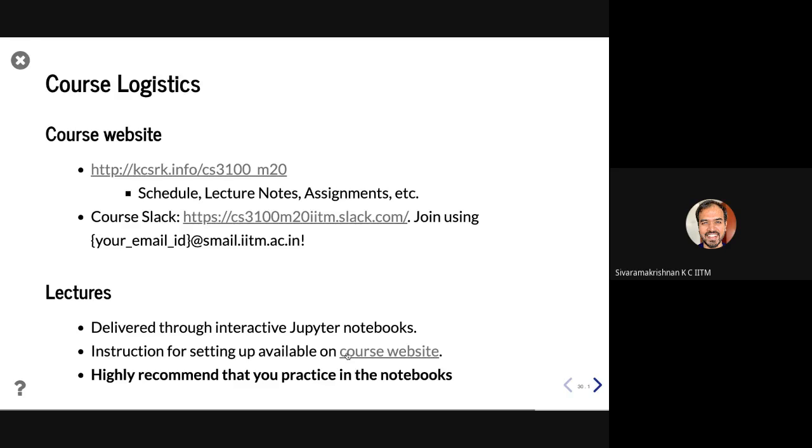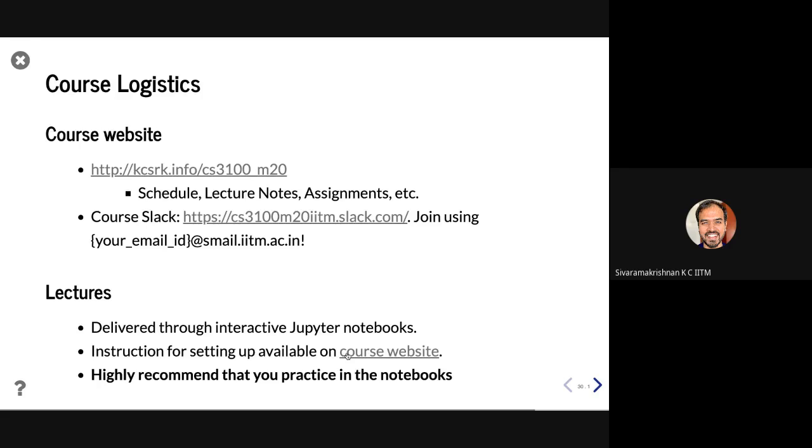Don't convert the Jupyter notebook to PDF and then read it. That is not going to give you the experience. This is paradigms of programming. We are not just going to study these things in the abstract. It's like a toy. When I give you a toy, you can describe from a distance how it works, but really, the way to understand the toy is to play with it, take it apart, break it, put it back again.